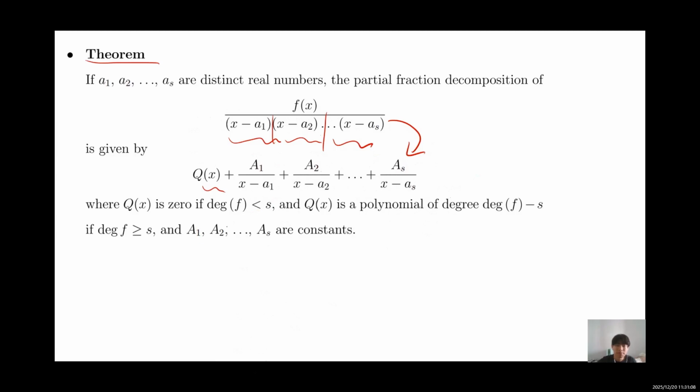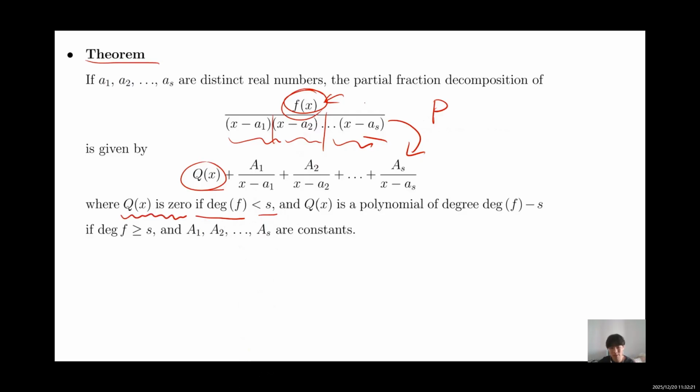We also notice there's a q(x) here. What is it? Well, q(x) can be a constant or a polynomial. If the degree of f, the upper part of the fraction, is smaller than the degree of the denominator, then it is a proper rational expression, so q(x) is 0.